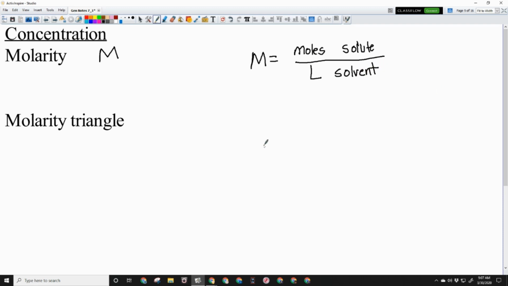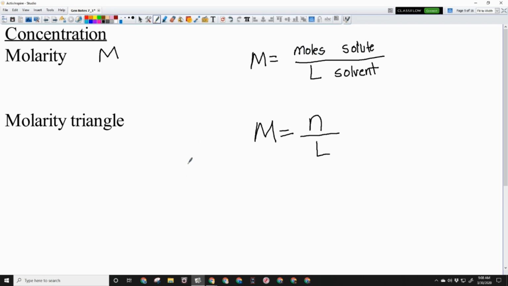If we were going to make it into variables, molarity is equal to n, because remember, n is the variable for moles, divided by liters. So this has to be in liters, and this has to be in moles.